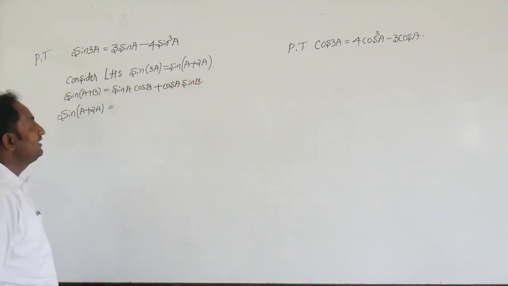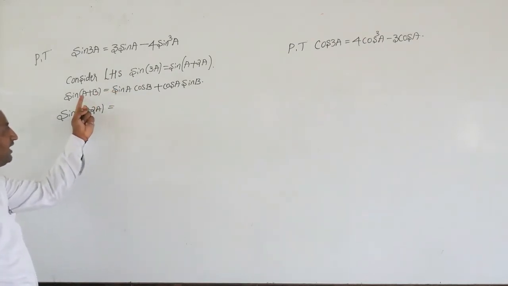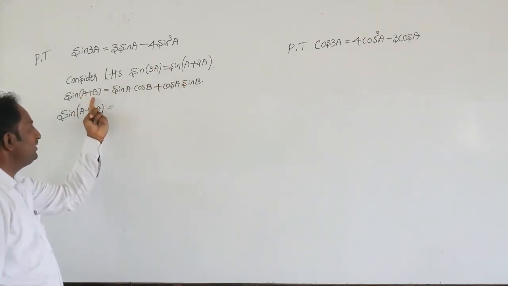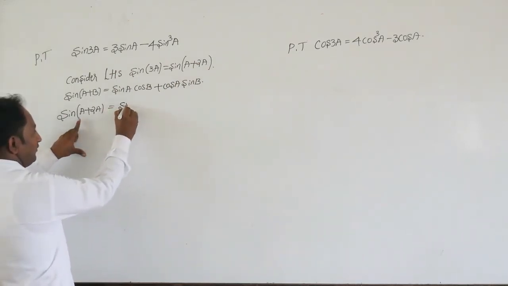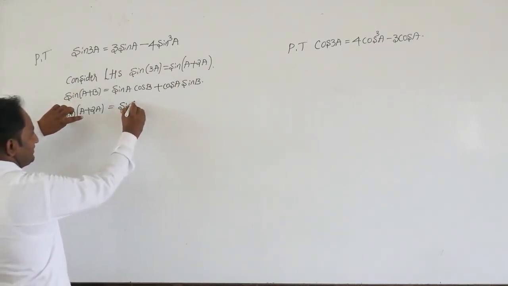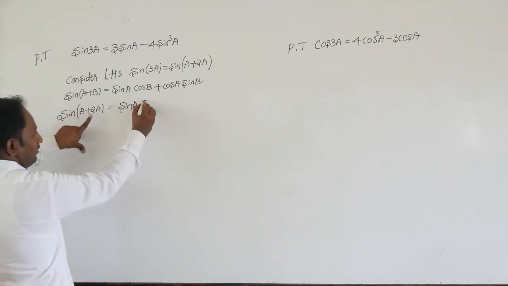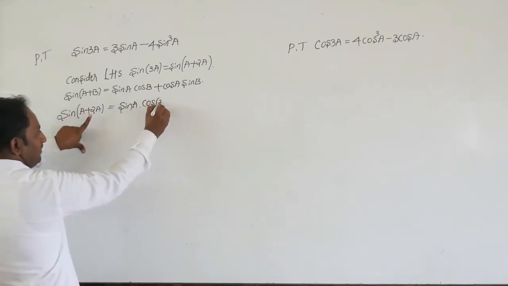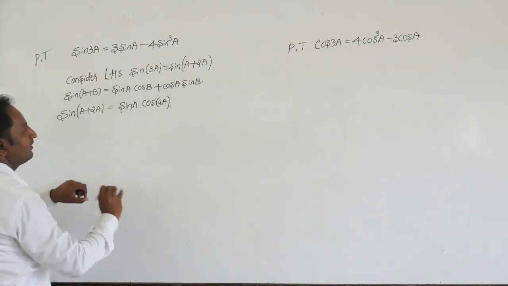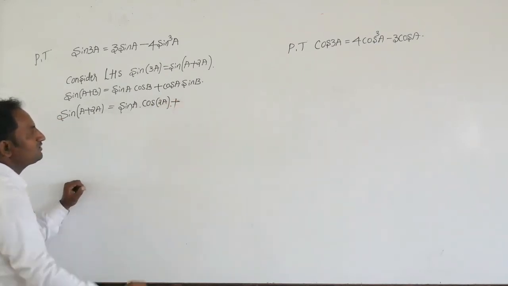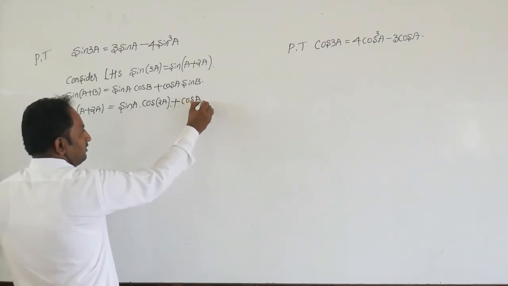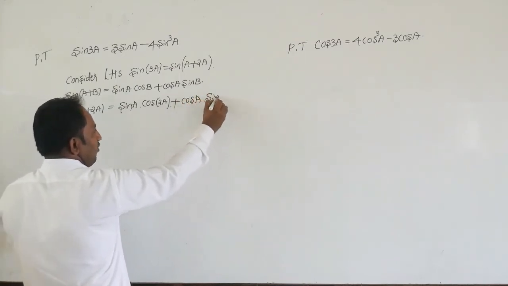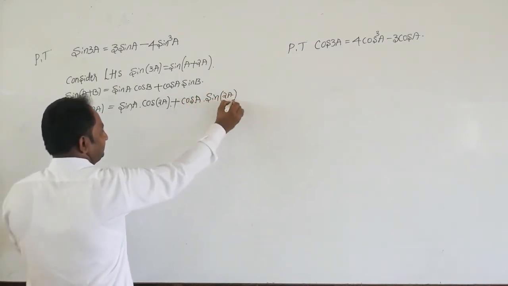Here in place of a is there, in place of b 2a is there. So sin a into cos of 2a, plus cos a into sin b value, which is sin of 2a.